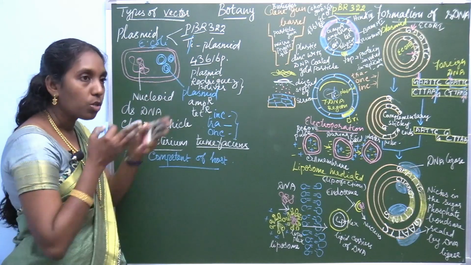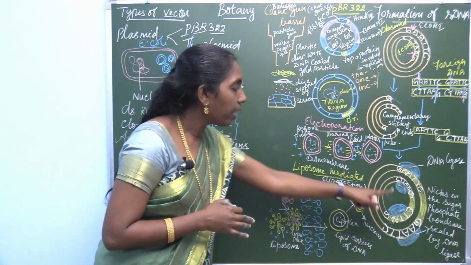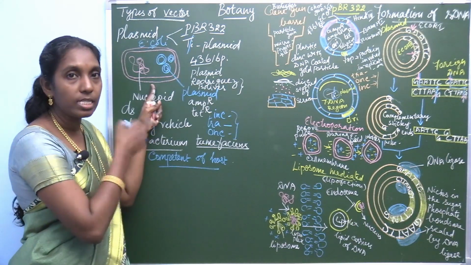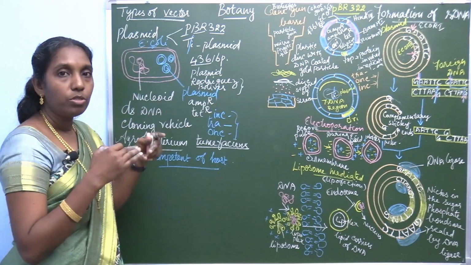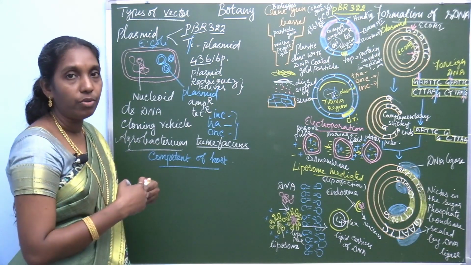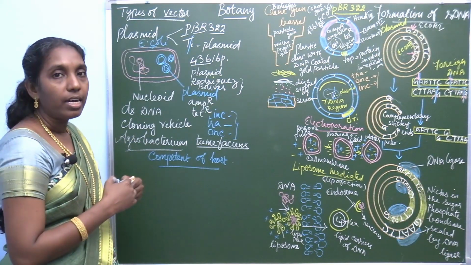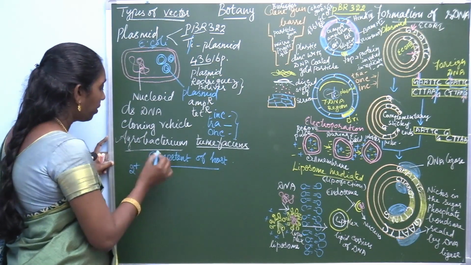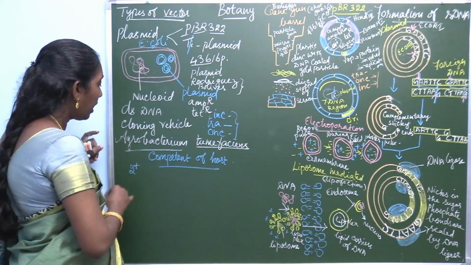If the cell is competent, the recombinant DNA enters, because otherwise, being hydrophilic, it cannot pass through the cell membrane. How to make this cell competent? It can be treated with divalent cations, that is 2+ cations.